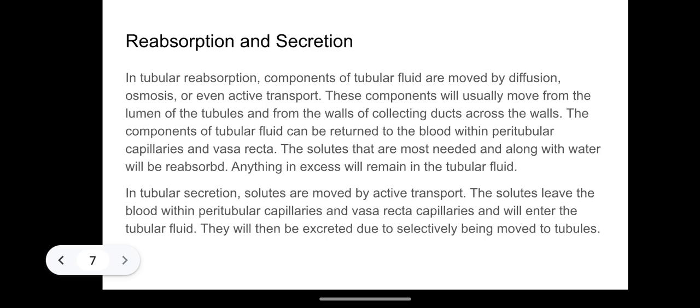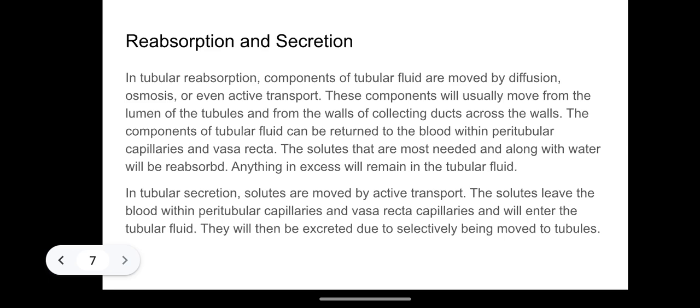Now, the last few things I'm going to talk about are reabsorption and secretion. So in tubular reabsorption, the tubular fluid components are typically moved by diffusion, osmosis, and active transport. These components usually move from the lumen of the tubules and from the walls of collecting ducts across the walls.